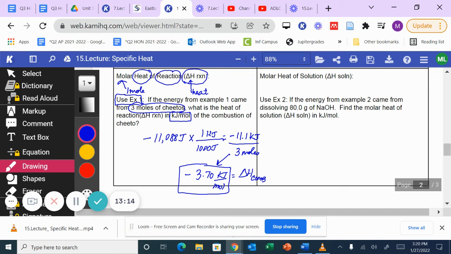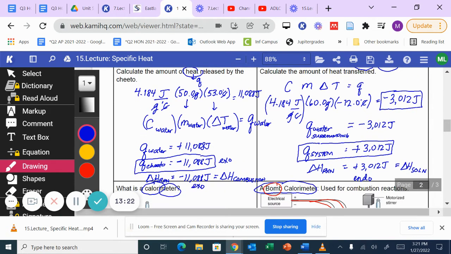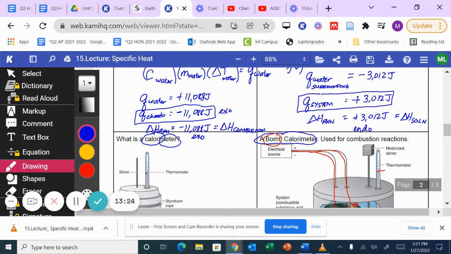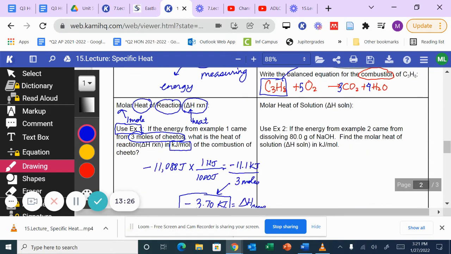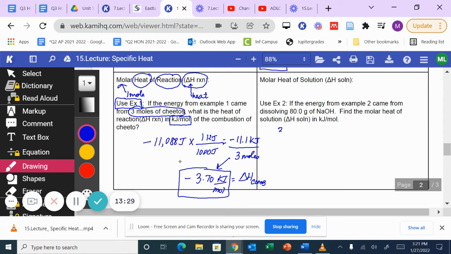Let's pause the video and do this for problem number 2. Example number 2 came from how much energy? Positive 3,012 joules. Change that to kilojoules. 1,000 joules is 1 kilojoule, so with 3 sig figs, I'm going to get 3.01 kilojoules.